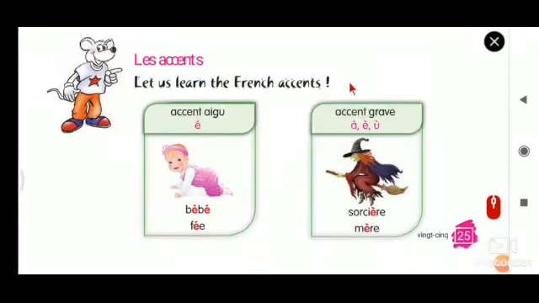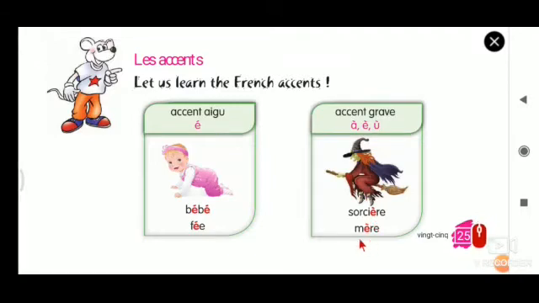This accent comes only with the letter E. The examples are bébé and fait. Then accent grave: three letters take it, A accent grave, E accent grave, and U accent grave. The examples given are sourcier and mère.